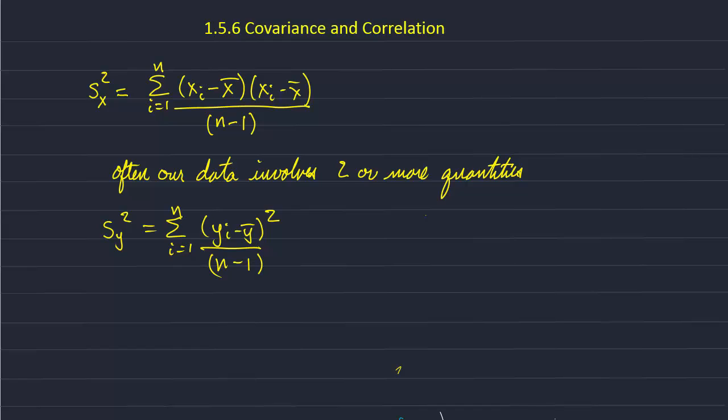And to examine how the two vary together, we would use the covariance.